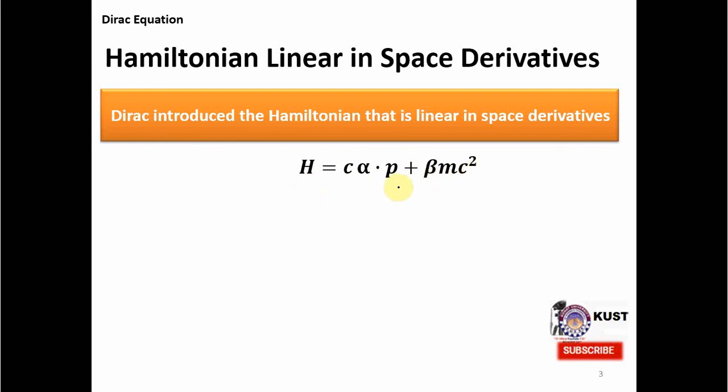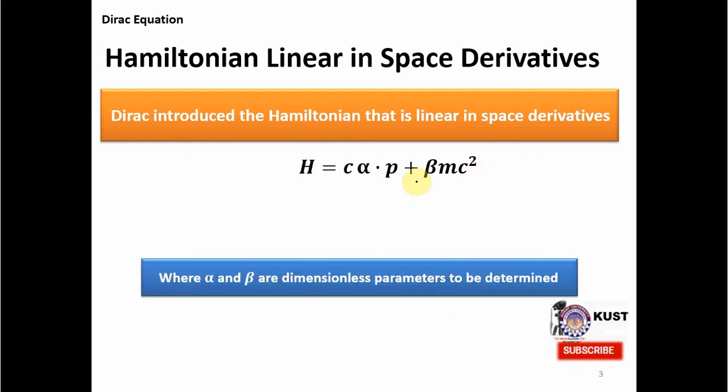In this Hamiltonian, you see that p is not quadratic. It is not coming with a square, but with the first order space derivative. So it removed the problem of having double derivatives. This is now linear in space derivatives and does not involve time.